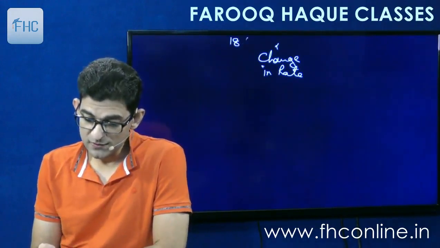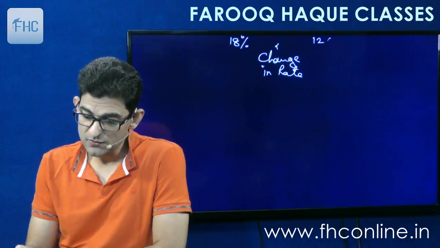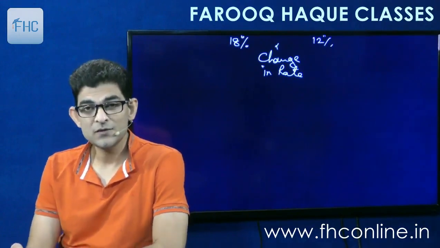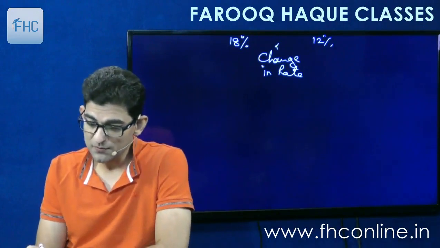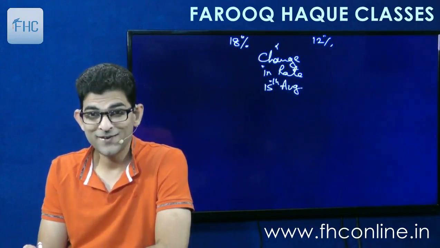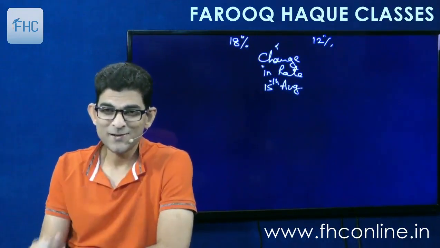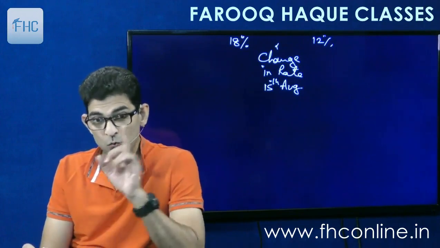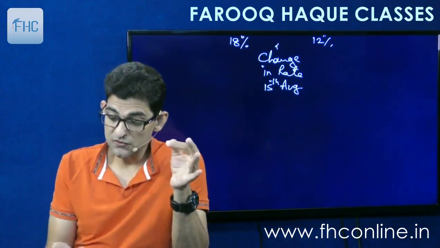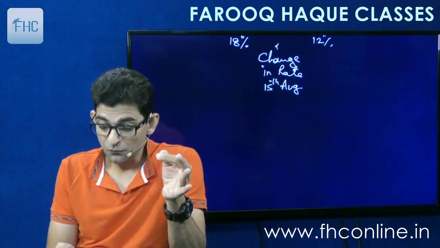So there is a change in rate. Earlier it was say 18% and now it is 12%. So old rate 18% and the new rate 12%, and this change happens on say 15th of August, the day of our independence. Now let's see what this clause A says: that supply is before.